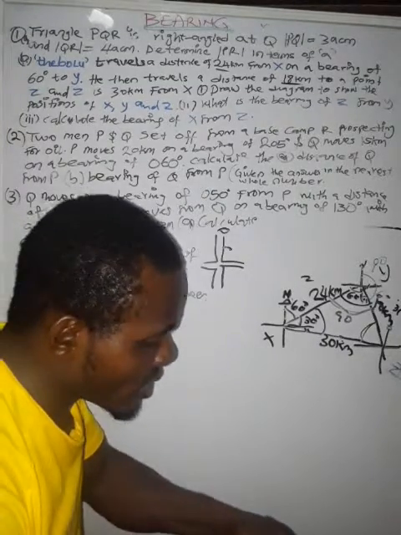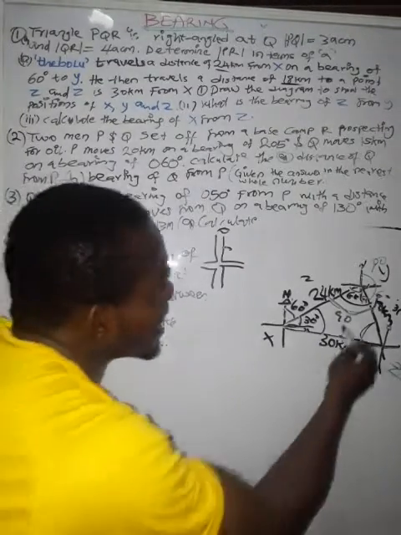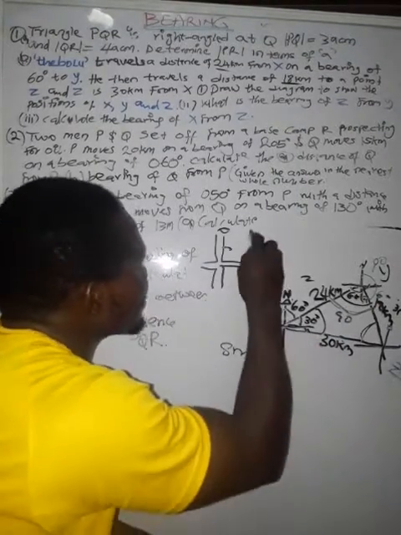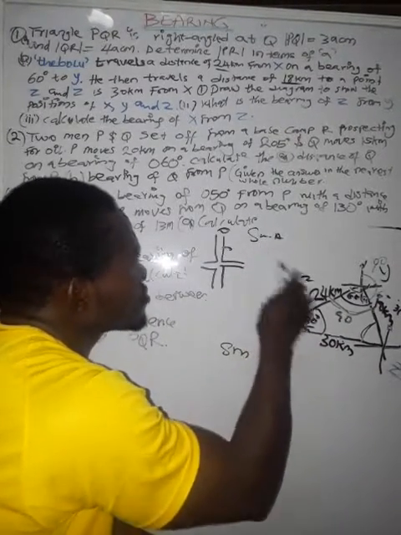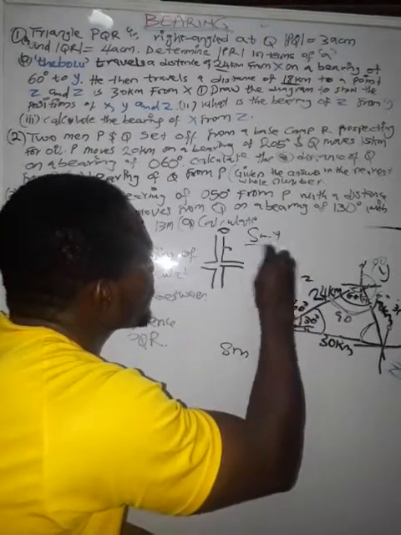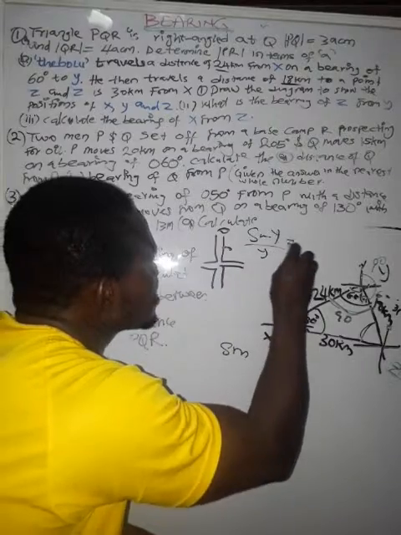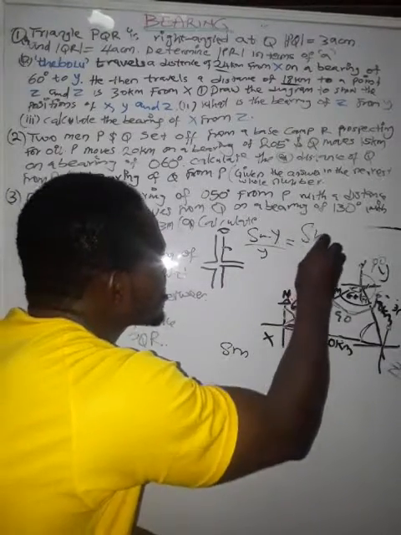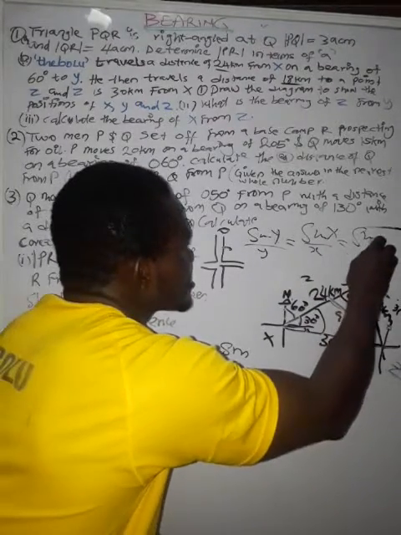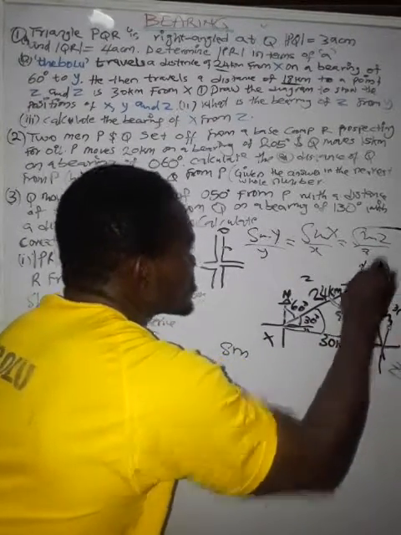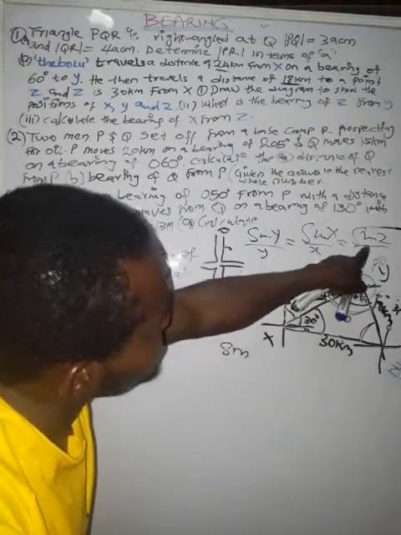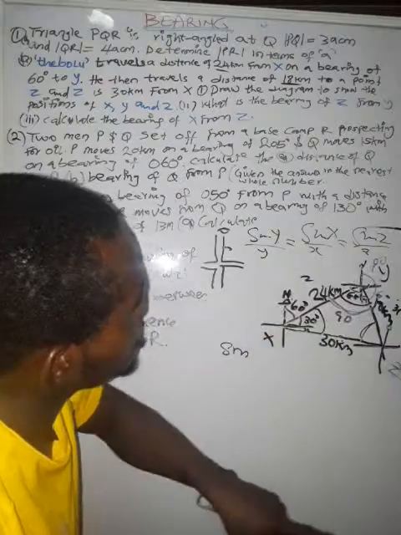Let me just go with the sine rule. Don't forget our sine rule: sine y over small y equals sine x over small x equals sine z over small z. What I need is angle z, but I already know small z.